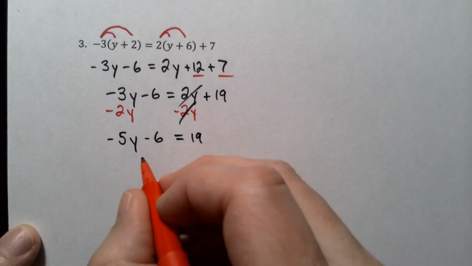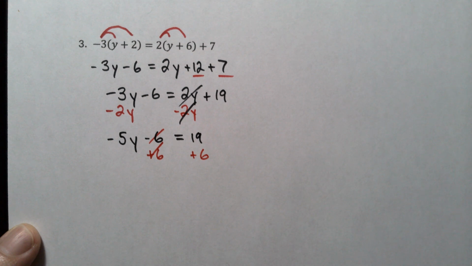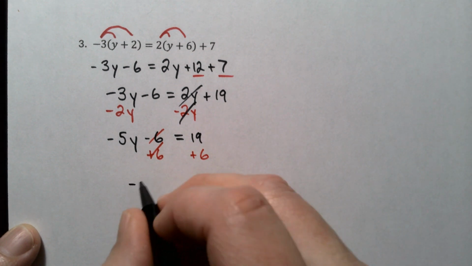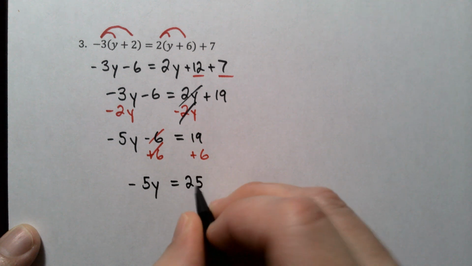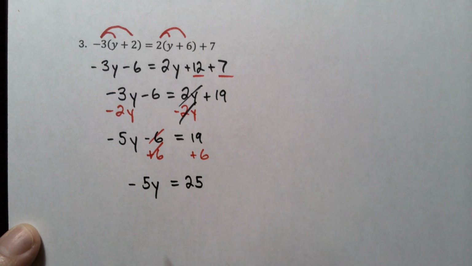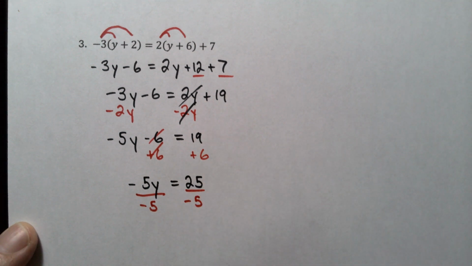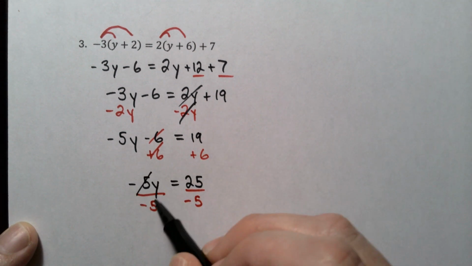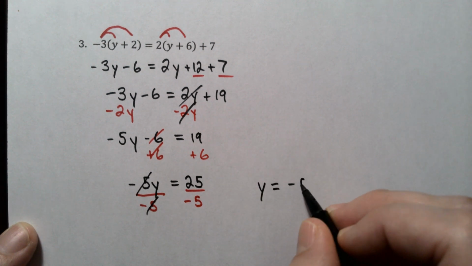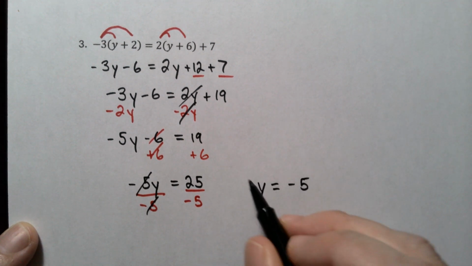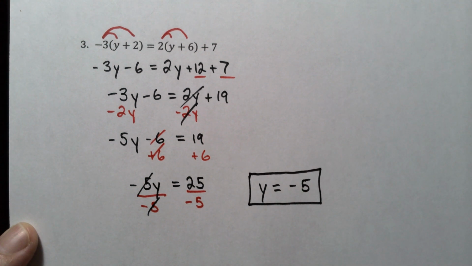Okay, I add the 6 so that it moves and cancels there. And that gives me negative 5y is equal to 25. And one last step, I will divide by the negative 5 here. Okay, it will cancel out here, and I get y is equal to negative 5. 25 divided by negative 5 is negative 5. So we get another one with just one solution.